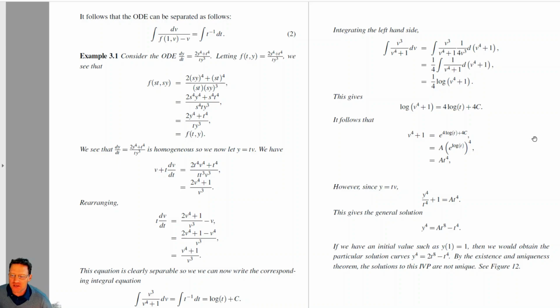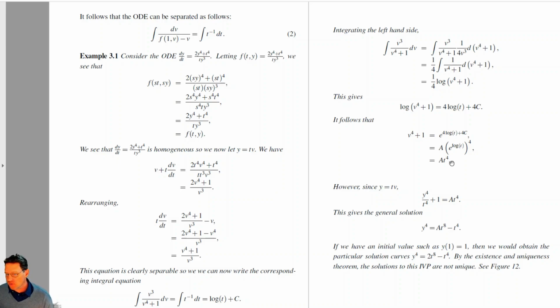So that's what we do here. And then another exponent rule allows us to separate e to the power of 4 log t as e to the power of log t all to the power of 4. Okay, now e to the power of log t is just t, so we actually have a times t to the power of 4.